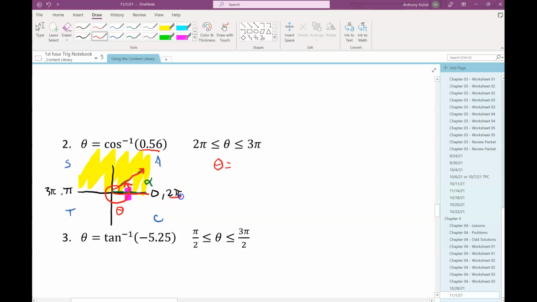So theta is going to equal the last value on my x-axis that I passed through plus alpha. And alpha is always the inverse of the absolute value.